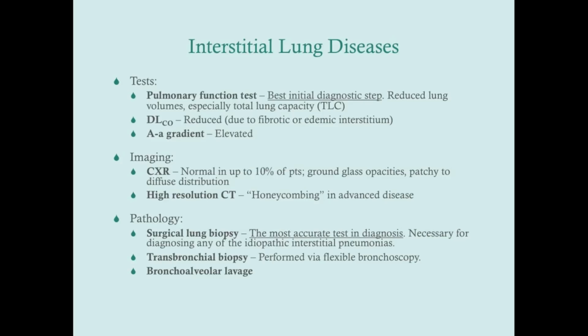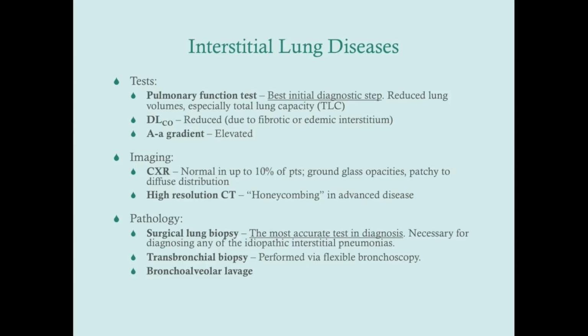As far as pathology goes, it is the most accurate test in diagnosis. The surgical lung biopsy is the number one most accurate test in diagnosis. And as a matter of fact, for one subset of interstitial lung diseases, it is actually necessary to make the diagnosis. So any of the idiopathic interstitial pneumonias have to be diagnosed with a surgical lung biopsy.